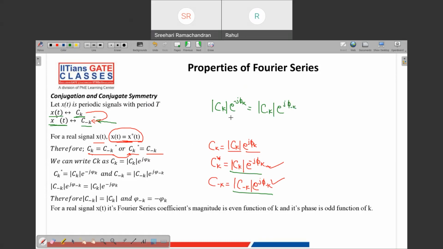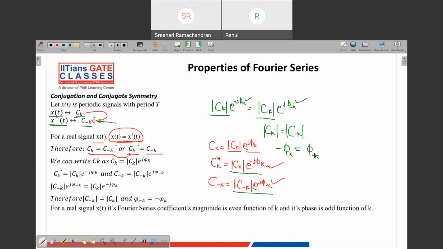Since these two are equal, this magnitude and this magnitude should be the same, and this phase and this phase should be the same. So the magnitude of c of k should be equal to the magnitude of c of minus k, and minus phi of k should be equal to phi of minus k.